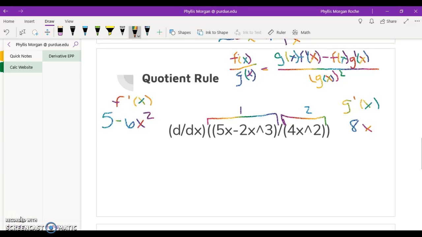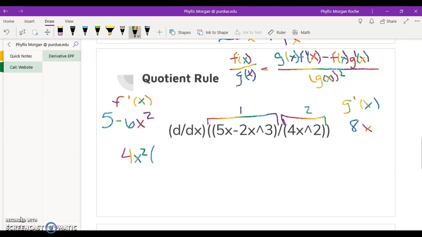So a great way to remember the quotient rule is low d high minus high d low all over low squared. So basically what that means is we're going to take our bottom one and leave it the same.